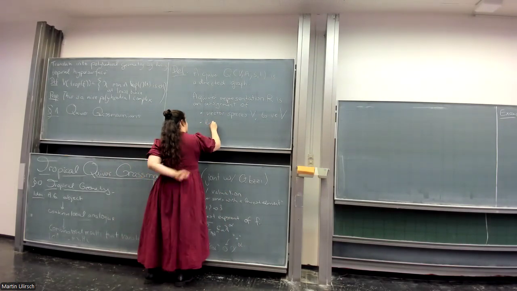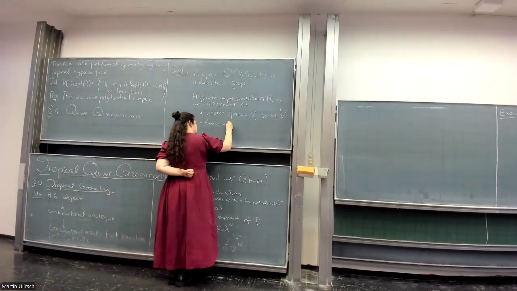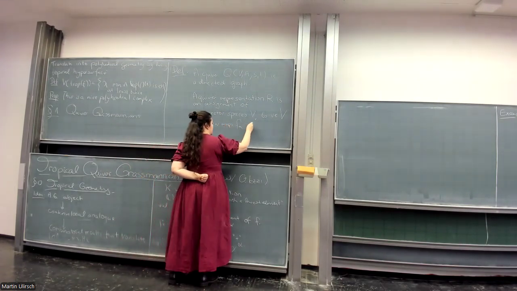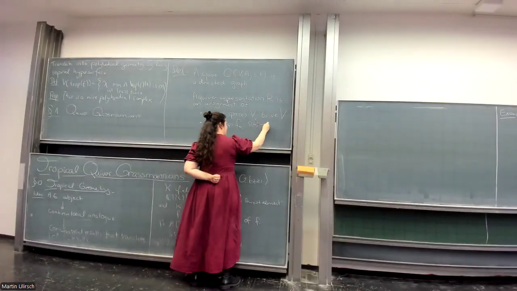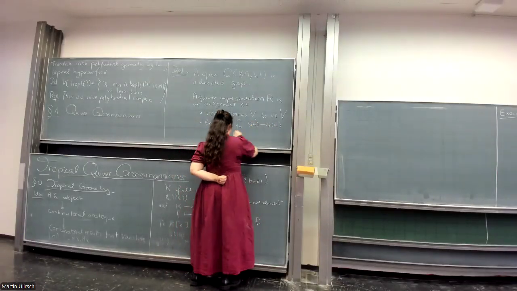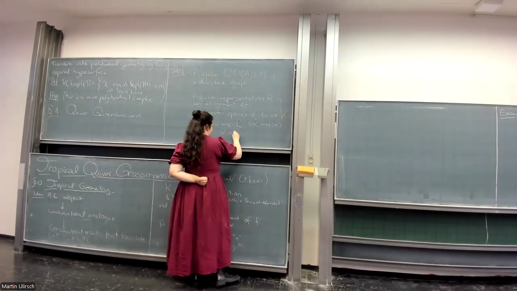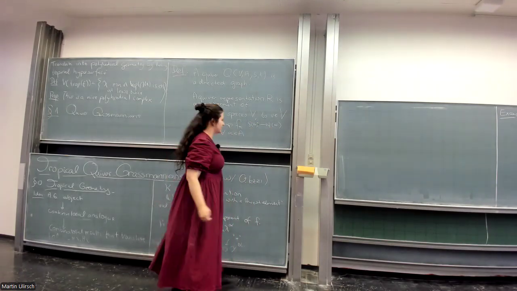Linear maps f_alpha from the source of alpha into the target of alpha for all alpha in my set of arrows.